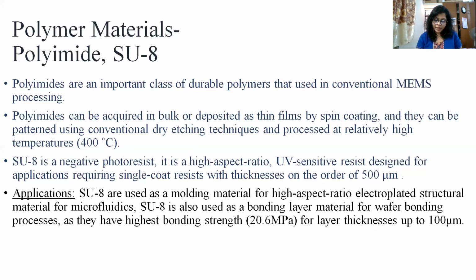Due to favorable chemical properties it is used as a mold for electroplating structure and structure material for microfluid. Bonding layer material for wafer bonding, because the bonding strength of this material is very high for 100 micrometer thickness.